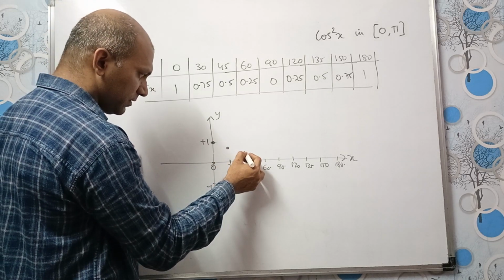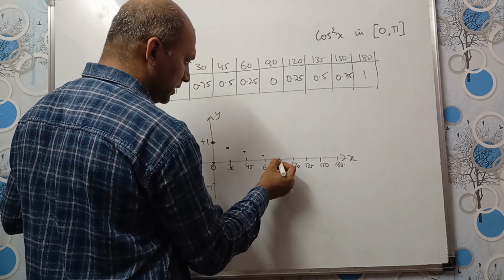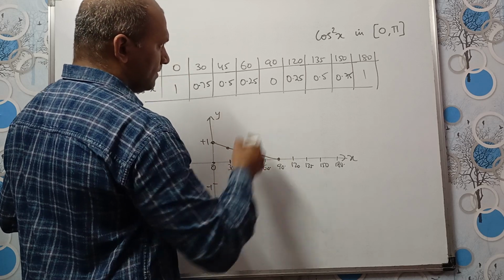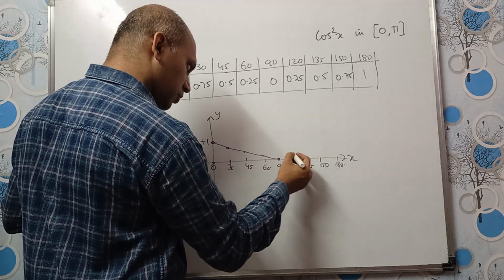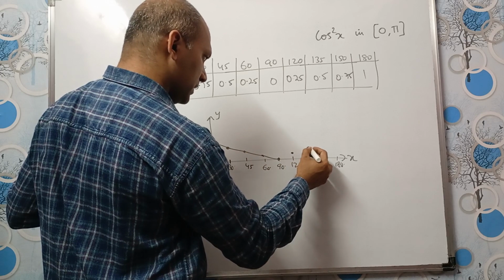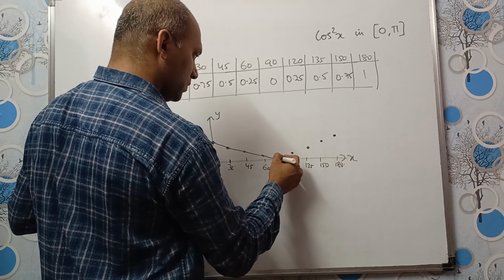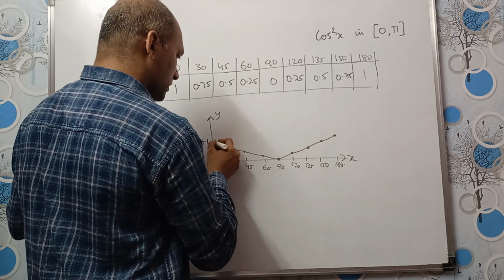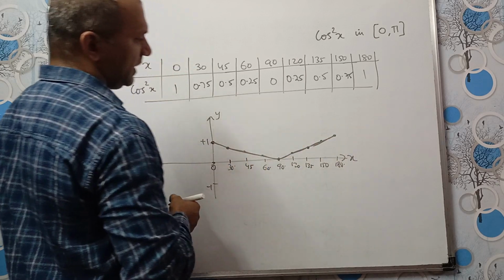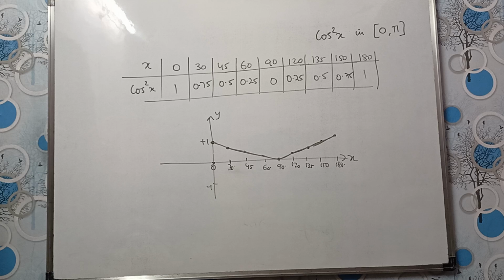Cos 45 is half. Cos 60 is still lower, cos 90 is 0. At 120 it is 0.25, slightly higher, 135 is half here, 150 is slightly here, and 180 is again 1. Okay. So this is the graph of cos square x in the interval 0 to pi.